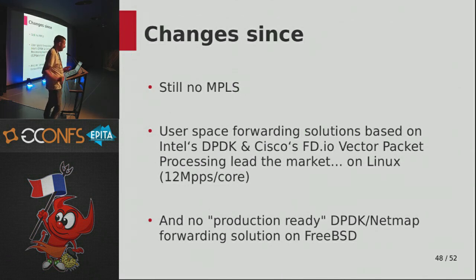But today, they are removing all the Cisco or Juniper stuff, and they are using software routers, but based on Linux, because it's Cisco FD.io and DPDK servers. And to compare, we need to reach 12 million packets per second per core. I didn't even reach this with 8 cores. It's a very interesting gap to reach.